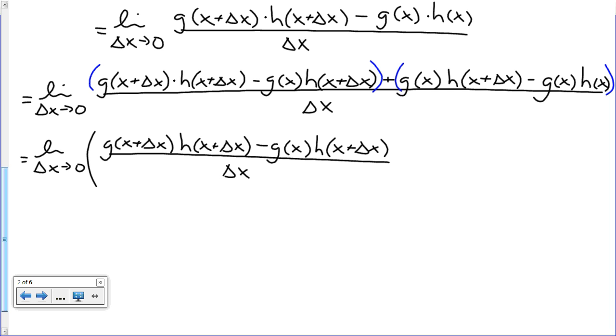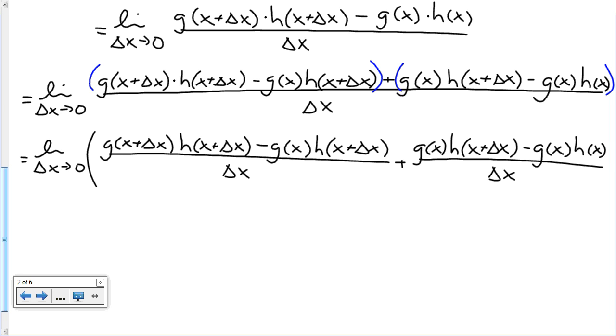And then we'll add on the second half of this, which is g of x times h of x plus delta x, and then minus g of x times h of x. And that's all over delta x. And that's what we're taking the limit of. So I've split that up into two separate fractions.